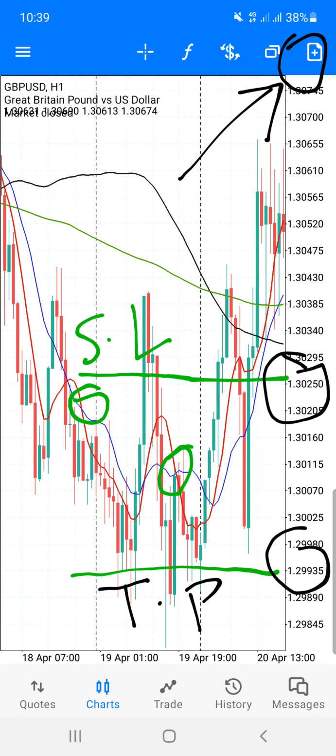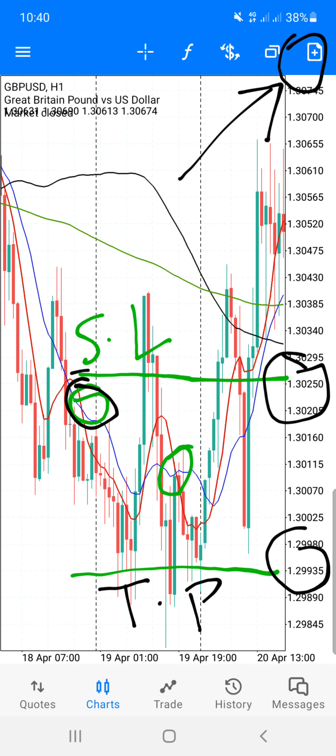So that was it. We saw a point where the red moving average crossed the blue moving average in a downtrend, right? First of all, you take note of the trend that is currently happening in the market. You look for the golden cross. In the case of a downtrend, where we are selling, you pick a point above where the cross happened, which is here, as your stop loss, and you calculate the amount of pips.